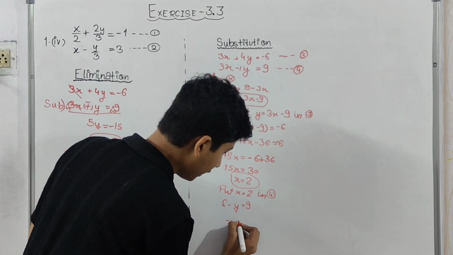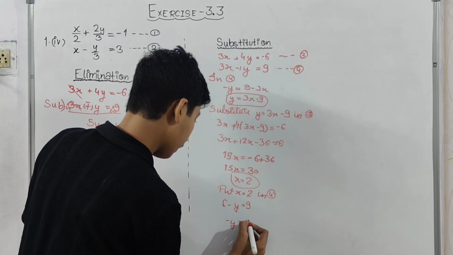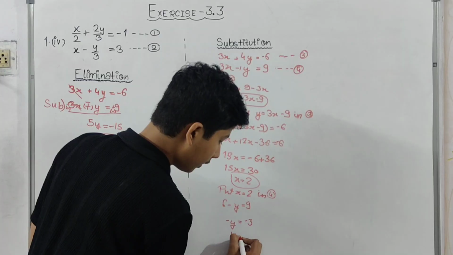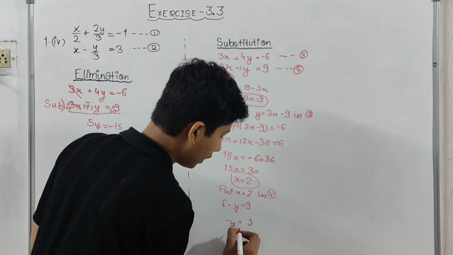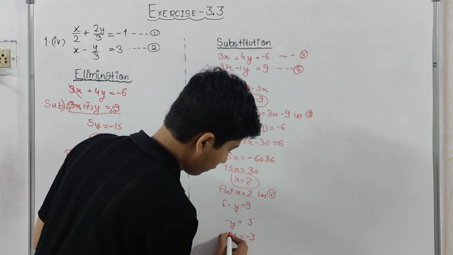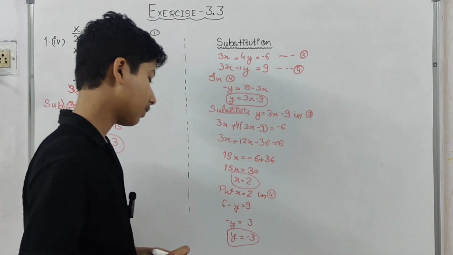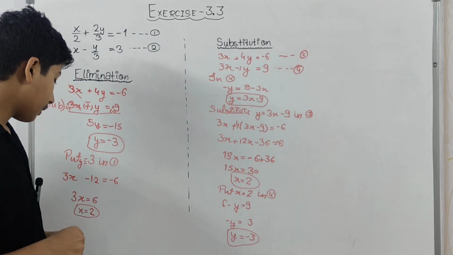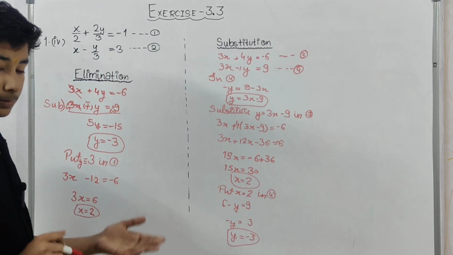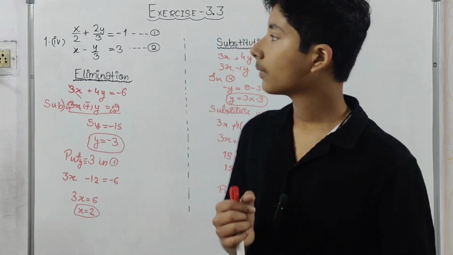Means minus y equals 3. So y equals minus 3. The answers have been the same throughout. I hope this is clear.